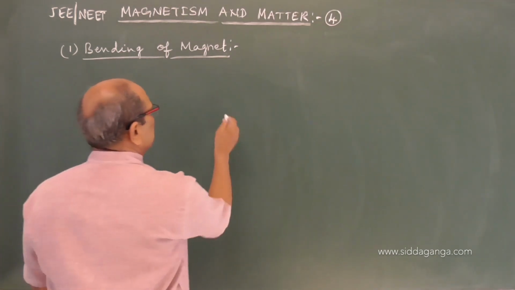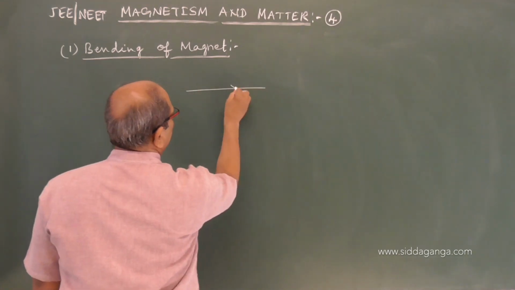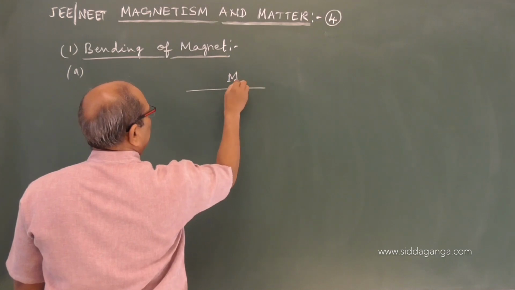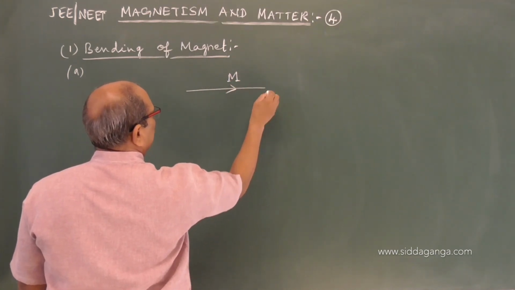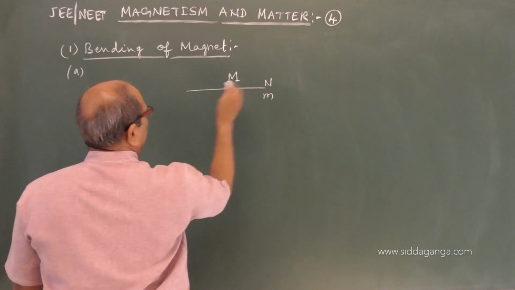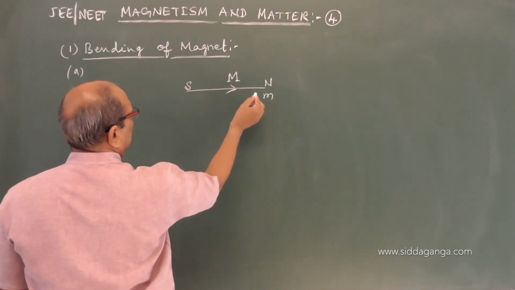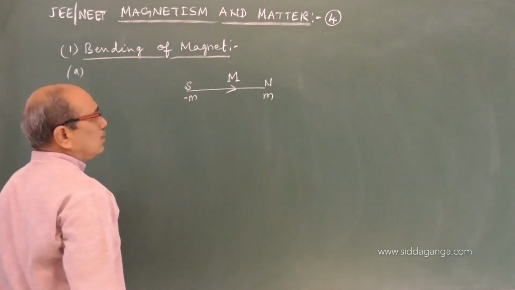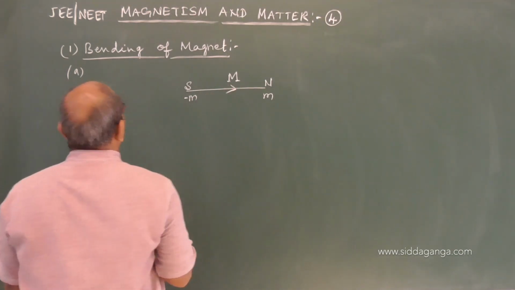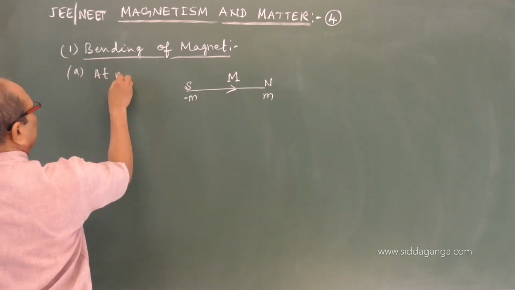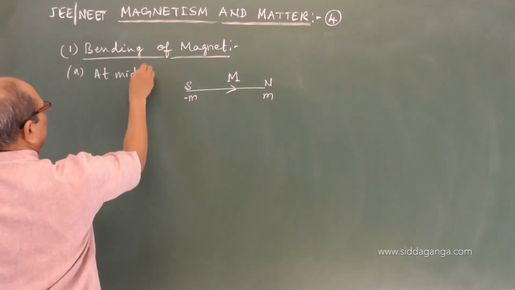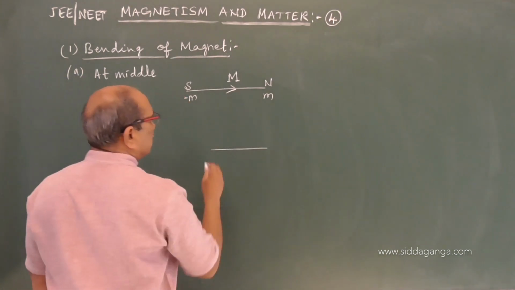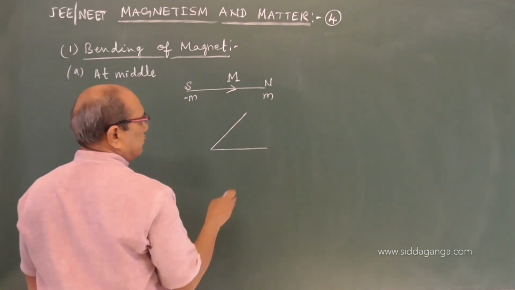Suppose a magnet, consider case A, has magnetic moment M, pole strength m, north and south pole, of length 2L. It is bent exactly at the middle and made at some angle.